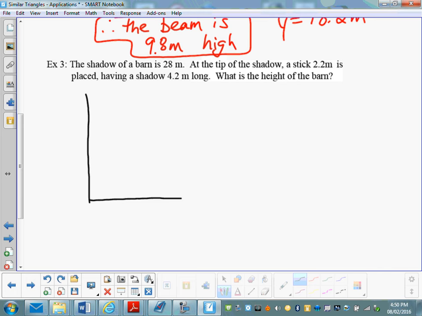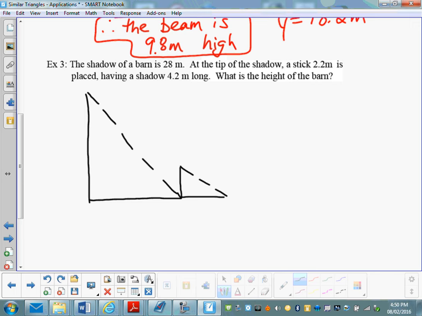And then at the tip of that shadow is a stick, and it has a shadow. So I've got a shadow down to where the stick is, and then I've got a shadow down there.